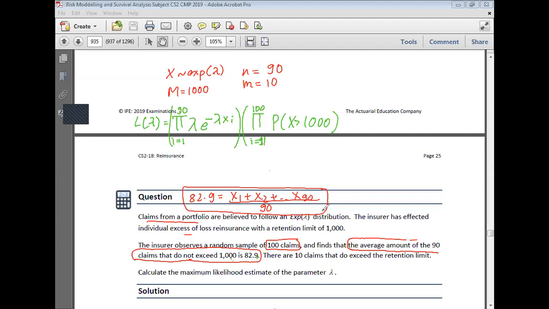So can I write that as a function like the one I did here? Vanshita, can you tell me what should be this in terms of lambda, e, and x? 1 minus e raised to minus lambda xi.